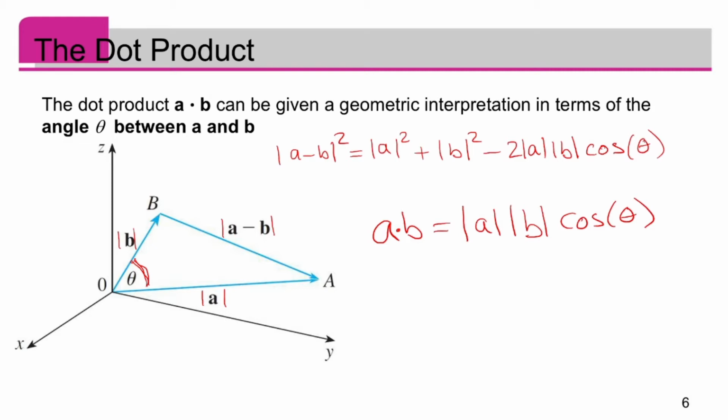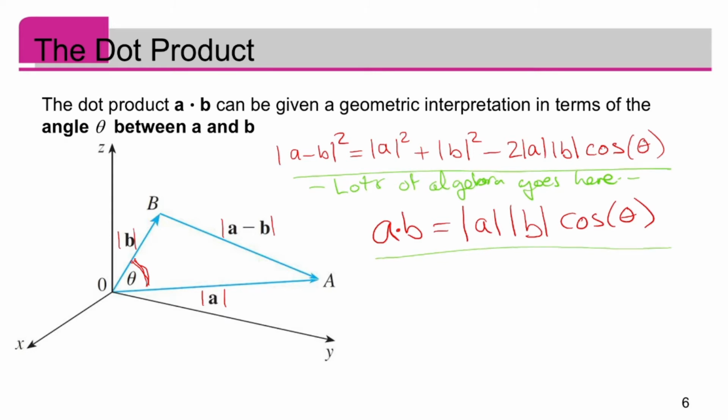It turns out that you have to do quite a bit of algebra to get from this to the next expression, but trust me that you actually can get from here to this: a dotted with b is equal to the magnitude of a times the magnitude of b times the cosine. If you really want me to, I can do this for you, maybe in class. There's a bunch of algebra between this line and this line, though it's not really hard. Anyway, that is the most useful thing about the dot product, the fact that it's related to the angle between the two vectors.